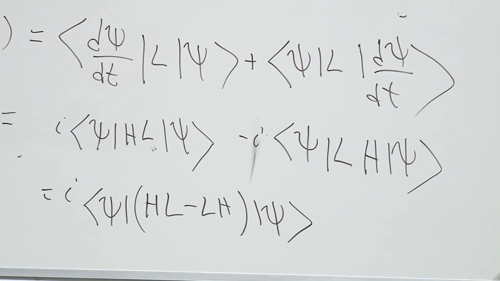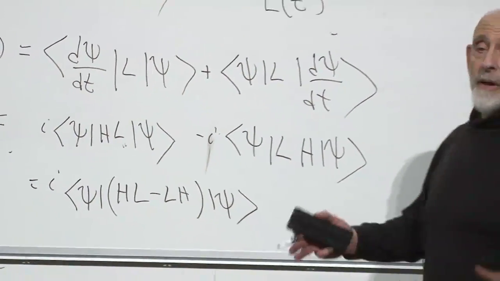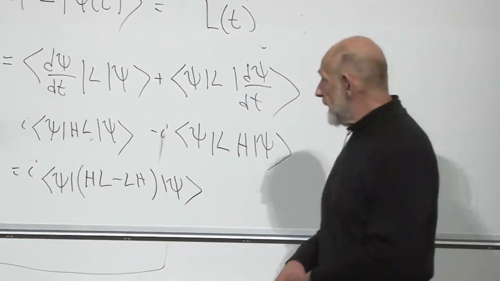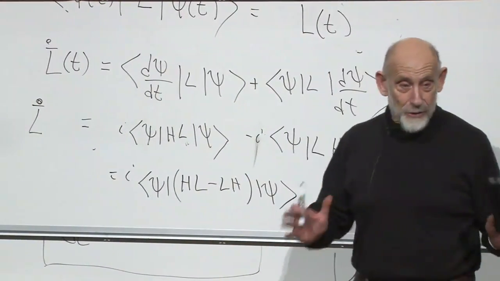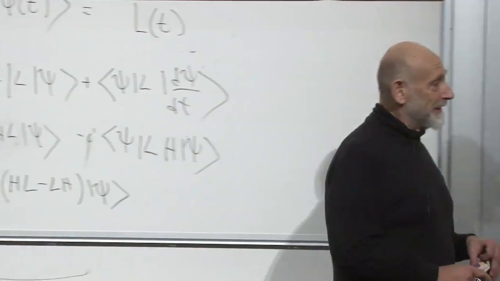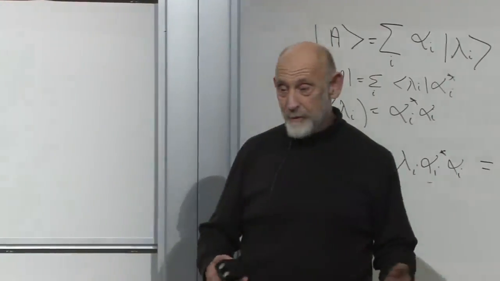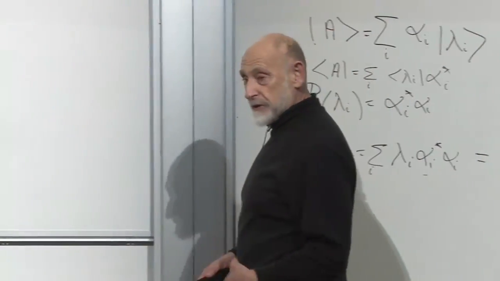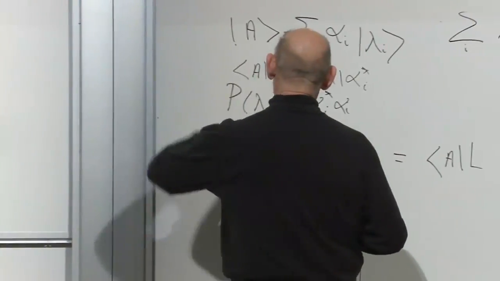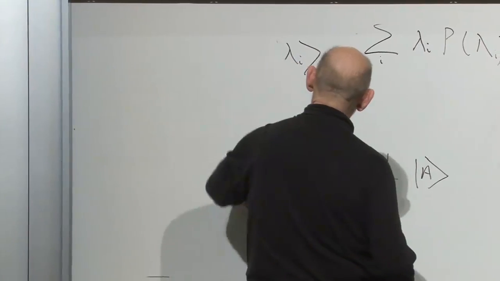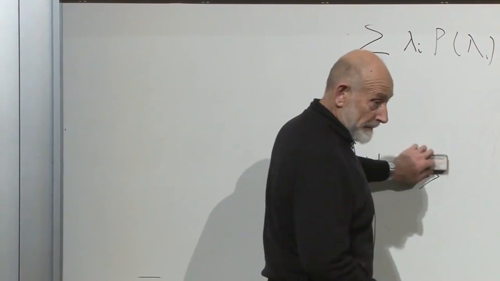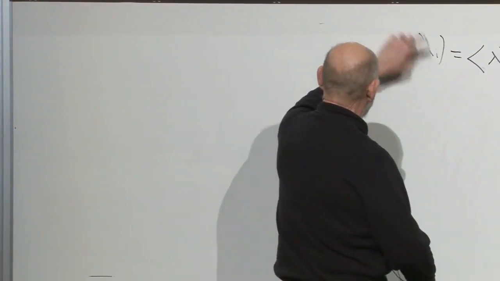Sometimes they do. And in particular, an operator commutes with itself. L times L minus L times L, that's okay. You can do it there. L times L minus L times L is 0, okay? So is H times H minus H times H. But in general, L times H is not equal to H times L. It may be, but typically not.